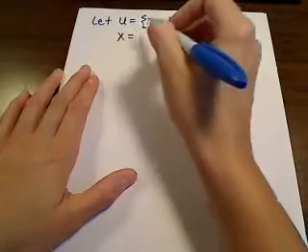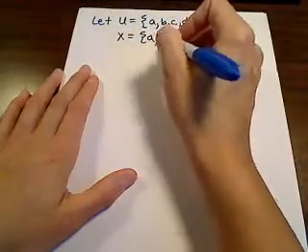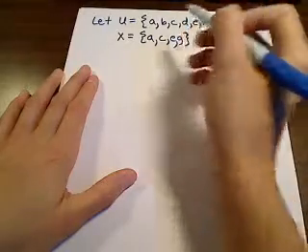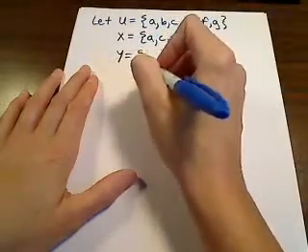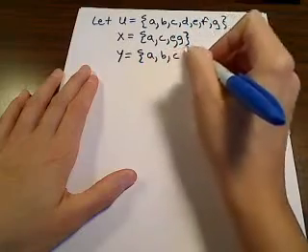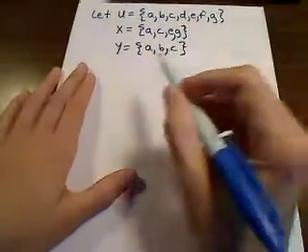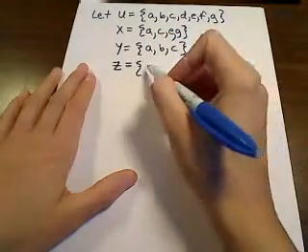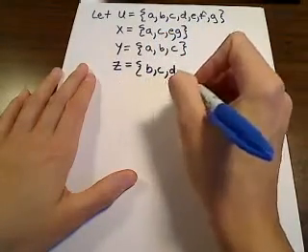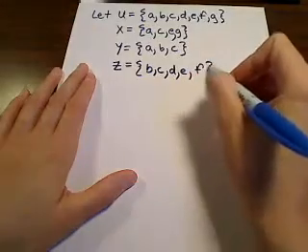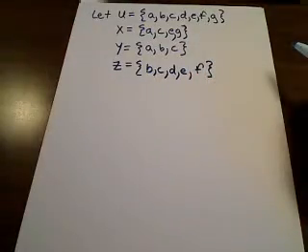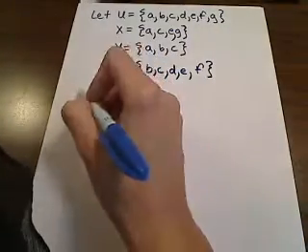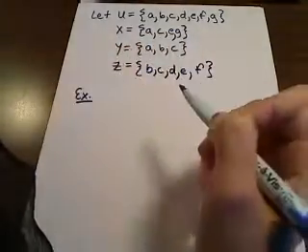And then I'm going to let X be the set containing A, C, E, and G. And then Y is going to be the set containing A, B, and C. Z is the set containing B, C, D, E, and F. Okay? All right, and then we're going to run through a bunch of problems here. So let's try this example right here.